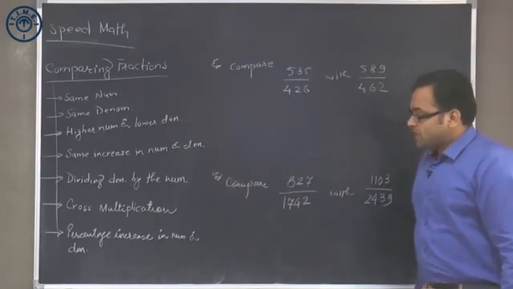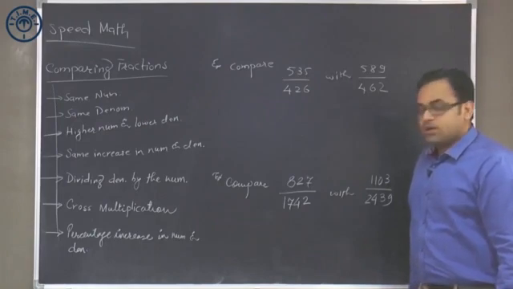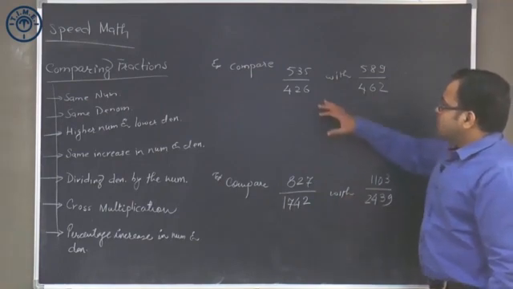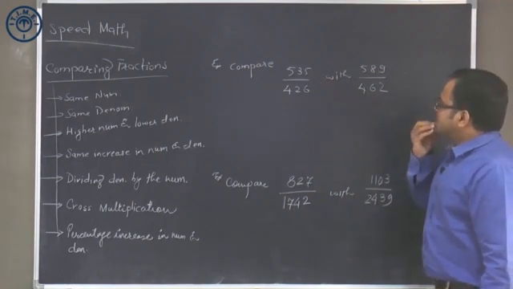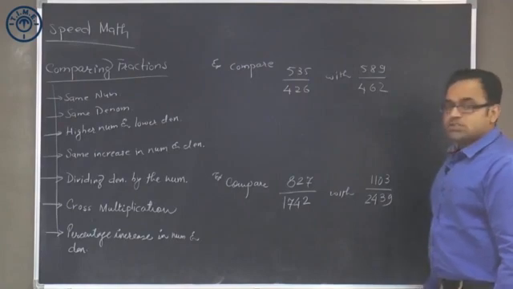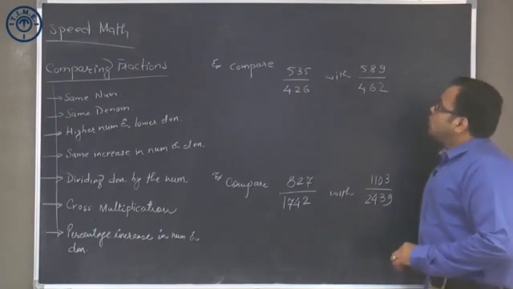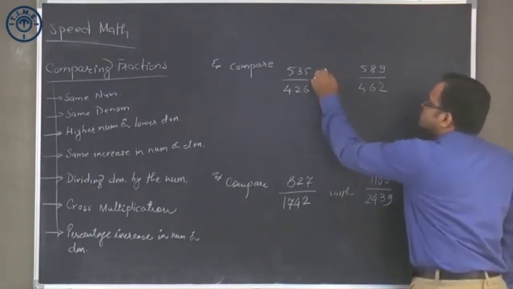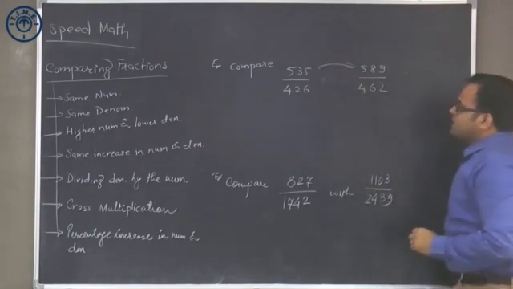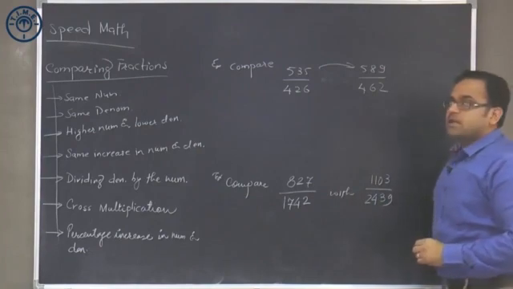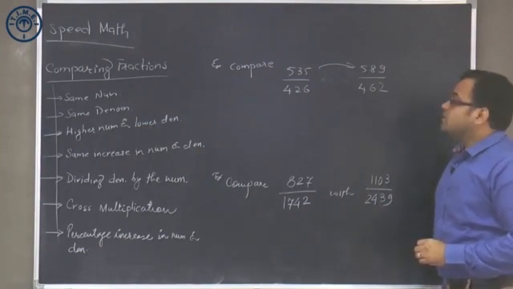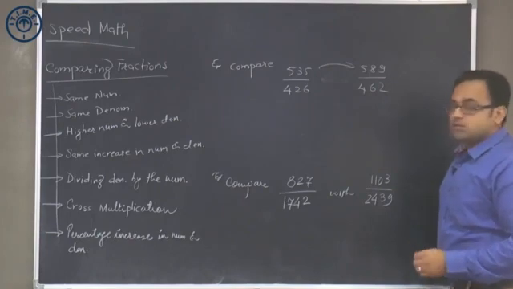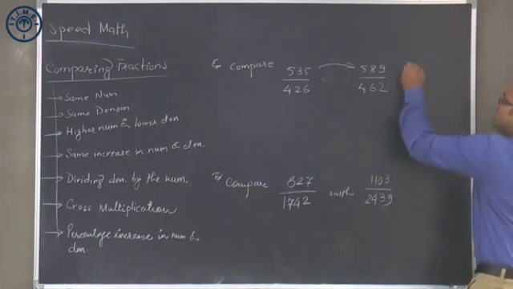Okay, so the last method, percentage increase in numerator and denominator. Let us say I have to compare 535 upon 426 with 589 upon 462. What we will do is 535 to 589. 535 10% would be 53.5, 535 plus 53 will be 589, so this is slightly above 10%.